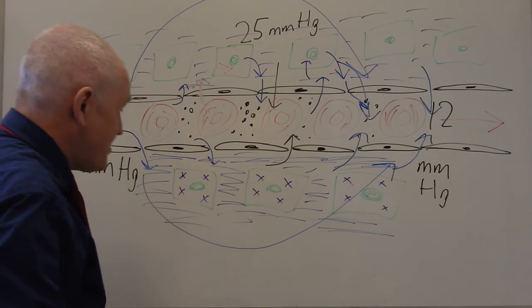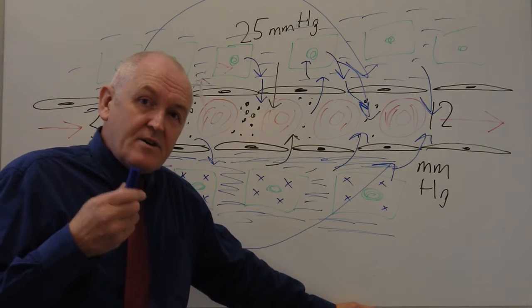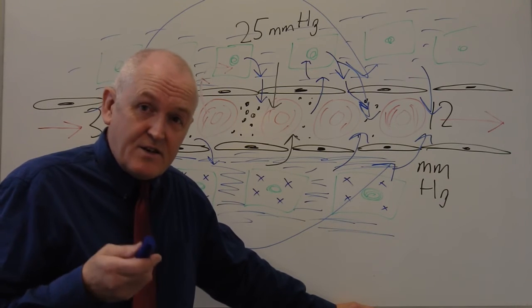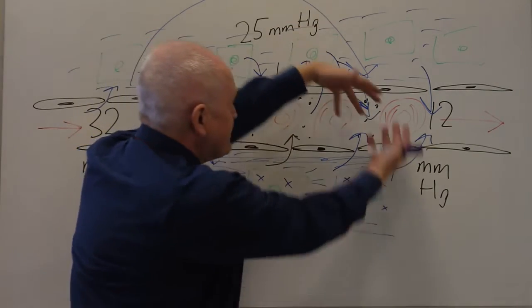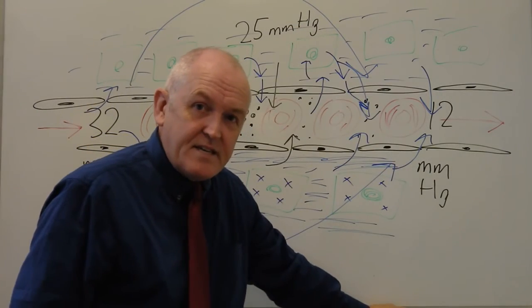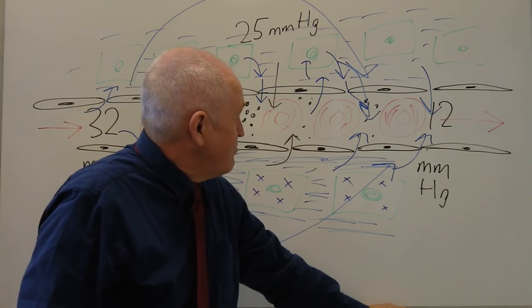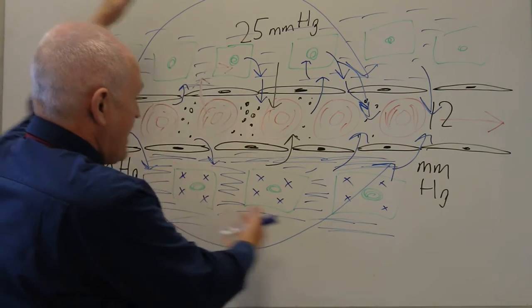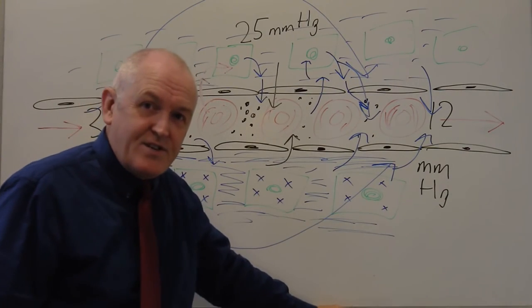So we notice that tissue fluid is formed at the arterial end of the capillary because the hydrostatic pressure is greater than the osmotic pressure. And tissue fluid is reabsorbed at the venous end of the capillary because the osmotic pressure is greater than the hydrostatic pressure. So we generate this microcirculation to maintain the viability of the tissue cells.